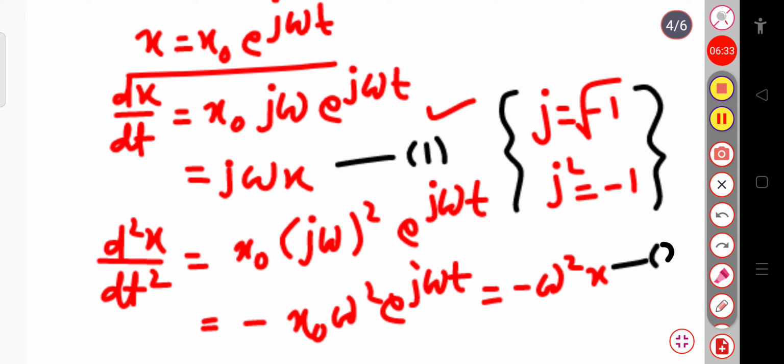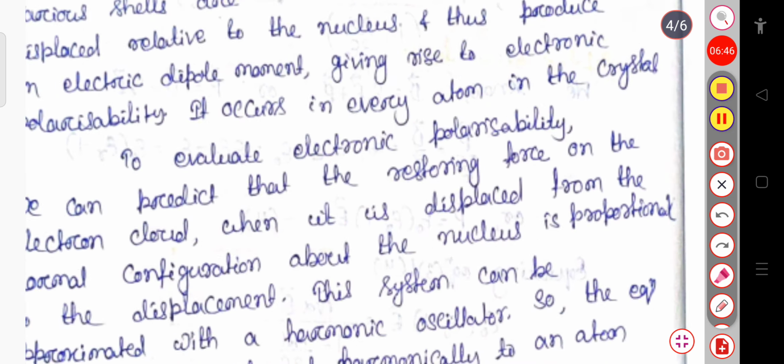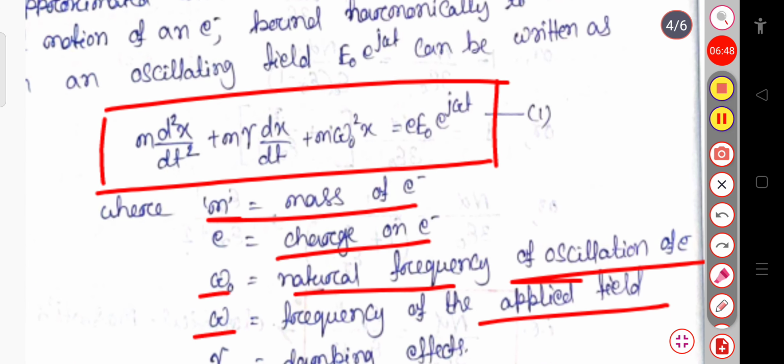Suppose if I put these equations in the main equation, let me write, this is your equation 2, equation 3, that is your equation 1. Now that equation will be, you can see here, the equation is in the form m d square x by dt square plus m gamma dx by dt plus m omega naught square x equal to e naught exponential j omega t. Let me write the equation again.